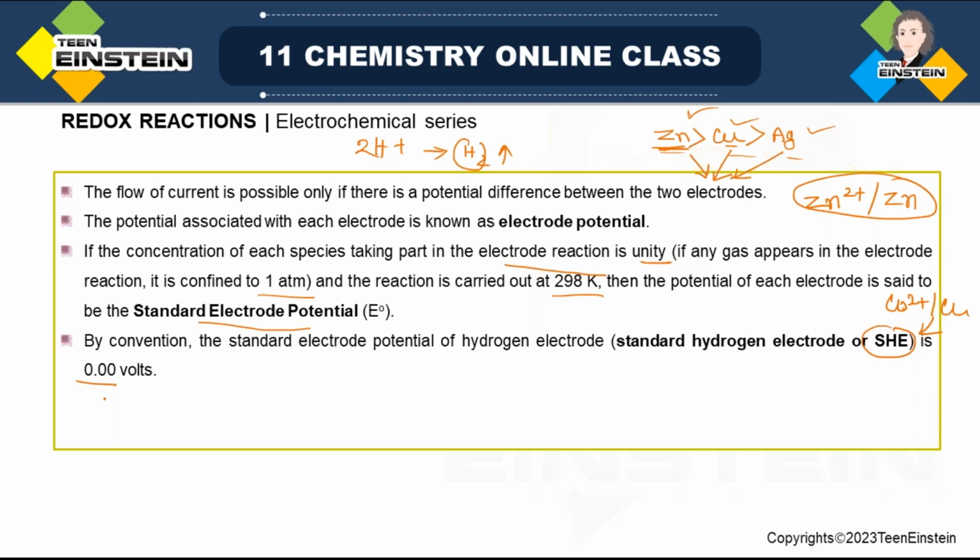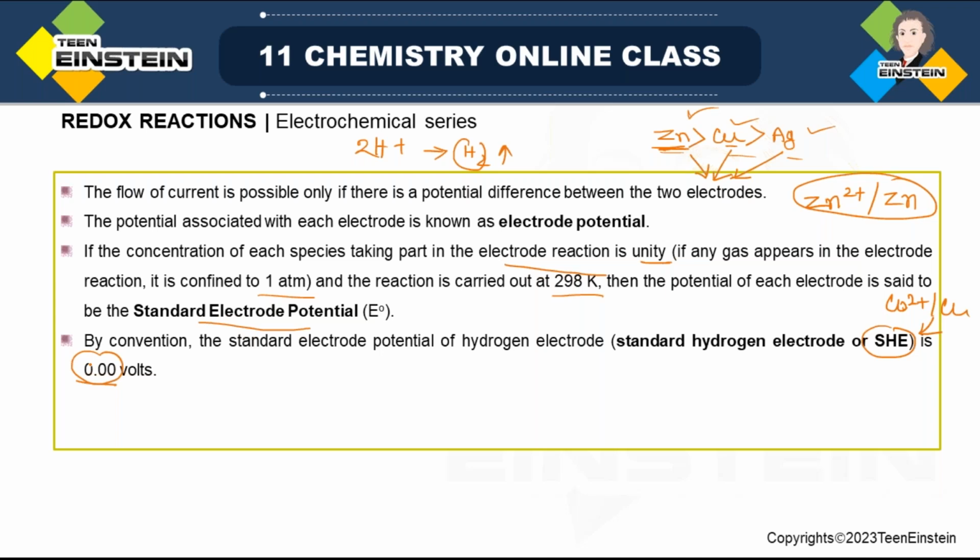Each time, as it is 0, the value we get from the voltmeter directly gives you the electrode potential of that particular system. In this way, for several systems, we do the experiment and collect the data in the electrochemical series. Once you see the electrochemical series, you will easily be able to predict.